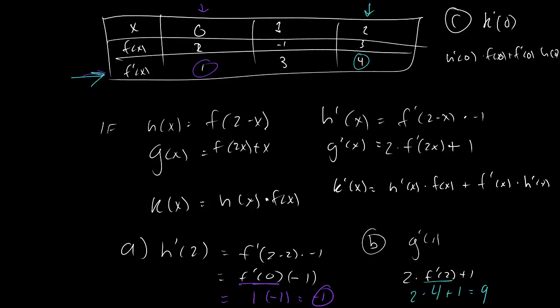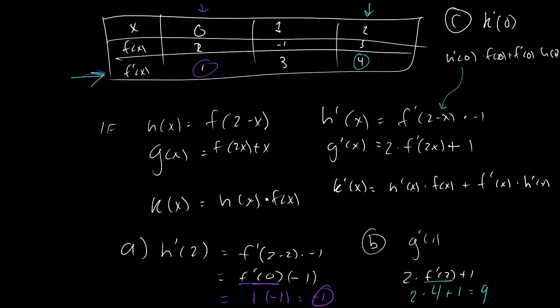So I need to look at my different columns here. So h prime of 0 is going to be this piece here.